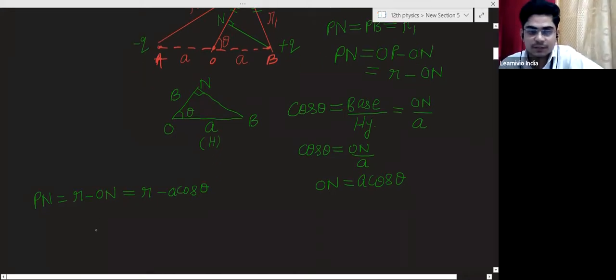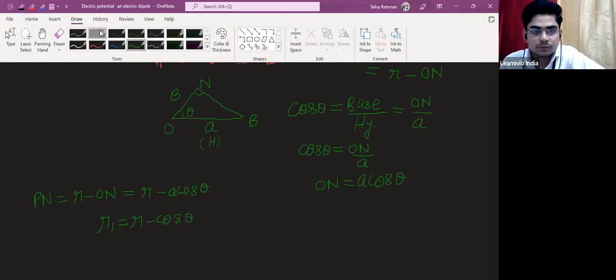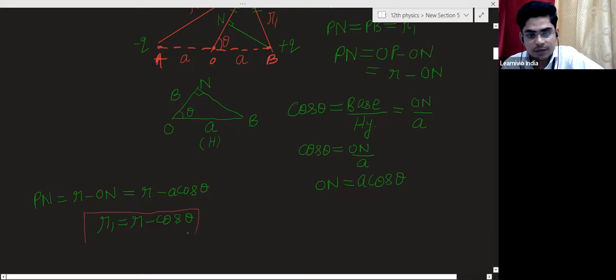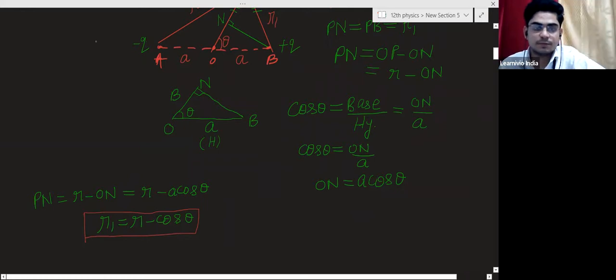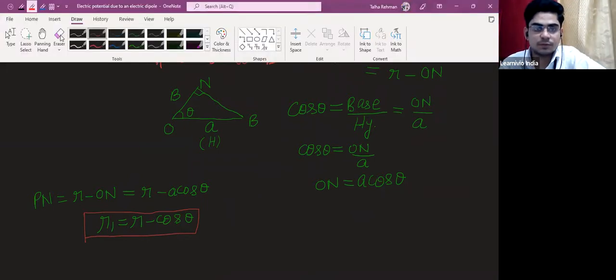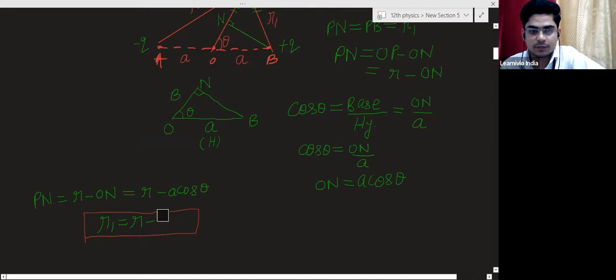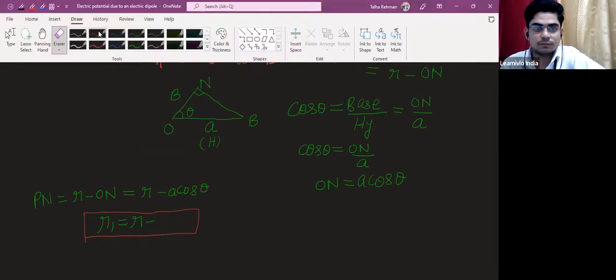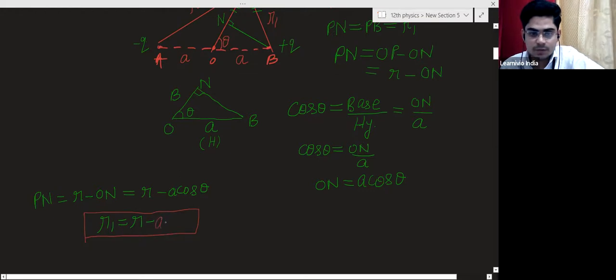So we can write this expression as R1 equal to R minus A cos theta. Now we have calculated the value of R1. Sorry, this will be A cos theta.